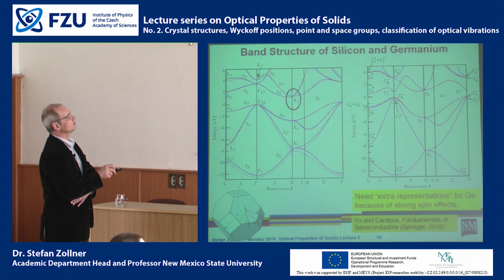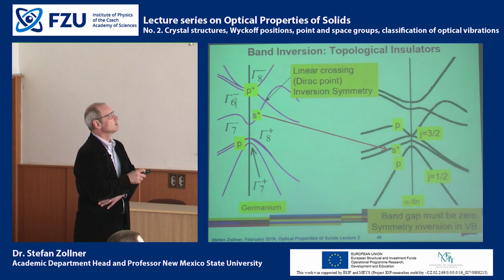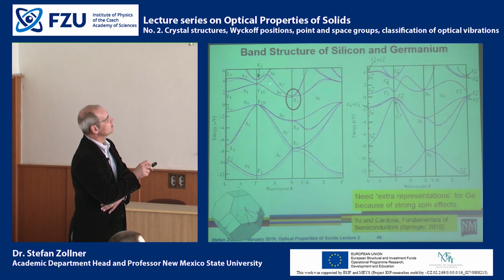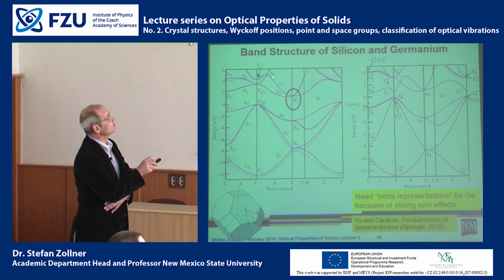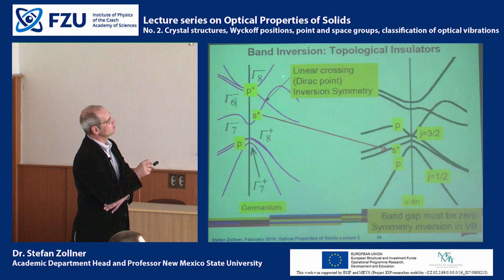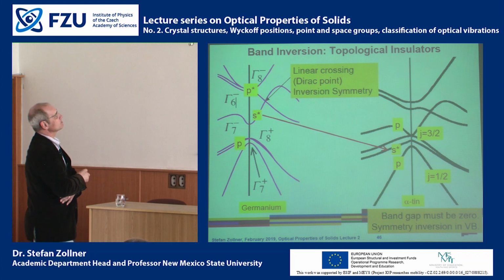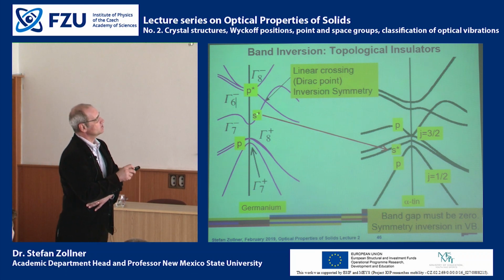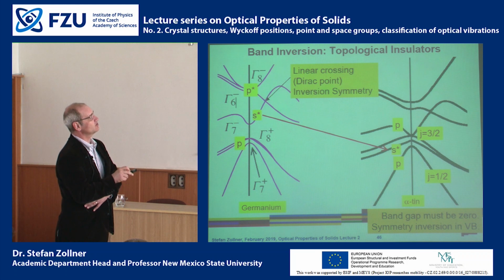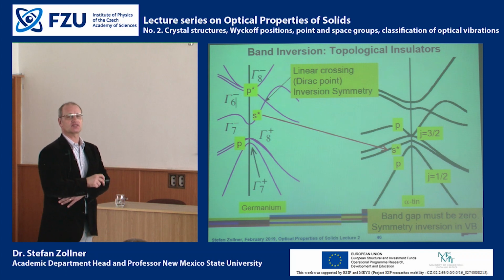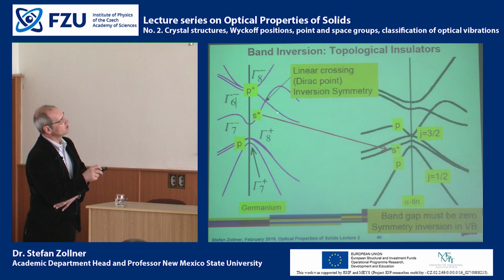because of large spin-orbit effects. We talked about the different band structures of germanium and alpha-tin in the first lecture, and I would like to emphasize a few points which make these materials different, where germanium is a semiconductor, whereas alpha-tin is a topological insulator. So first, if we look at germanium, then we see that along the delta direction, the gamma 7 minus and the gamma 6 minus bands cross.